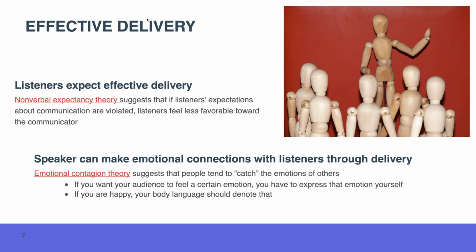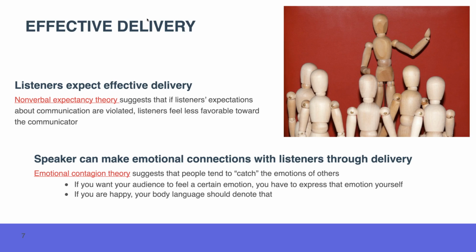The next theory there is the emotional contagion theory. This basically means that the audience tends to catch the emotions of others. So if you as a speaker are making these emotional connections with the listener, if you want them to feel happy, then you need to feel that same emotion so you can express it through your delivery, right?